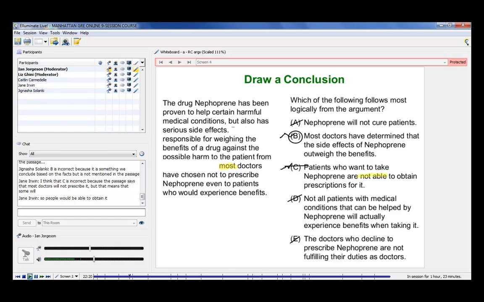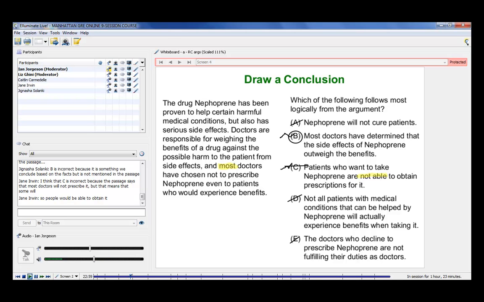But once I'm given this information about what their responsibility is, and why they choose to do things, now I have a connection between these facts, and I've got enough of a connection that I'm able to infer that most doctors are making this choice because they're determining, not because it actually is, but because they think it outweighs the benefits. All right, questions?